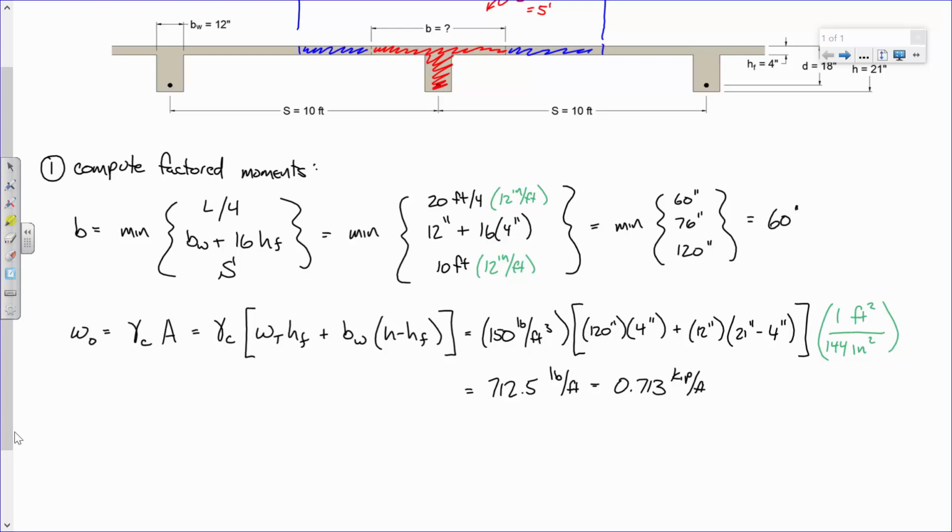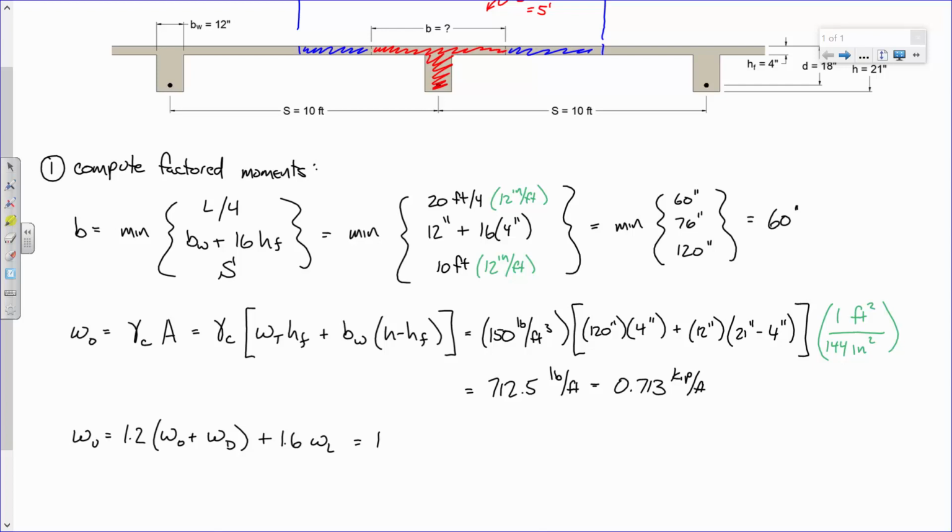So we add it to the dead load, but ultimately what are we trying to do? There we go. So I need to compute a factored load. So I'm going to say 1.2 times that plus 1.6 times that, right?